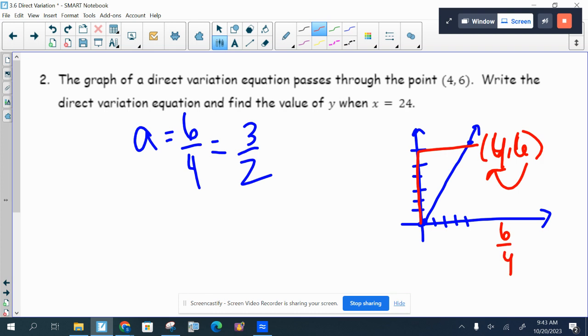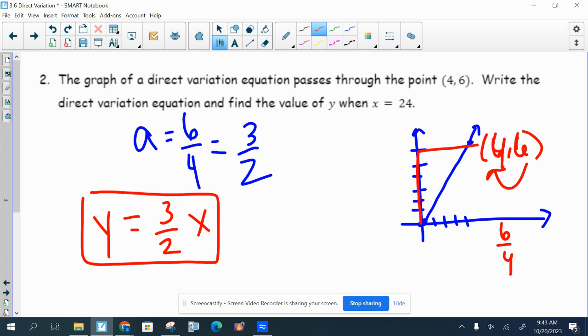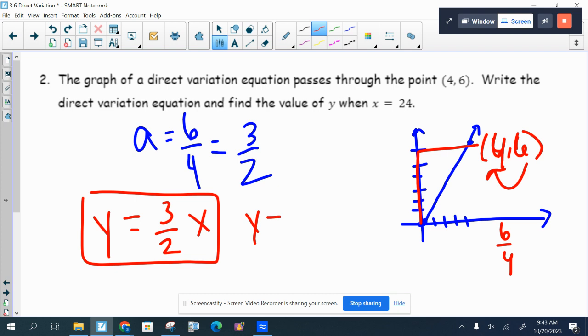So then what would be your equation? Eli? Y equals 3/2 x. And then for the second part, find the value of y when x is 24. Just plug in 24.